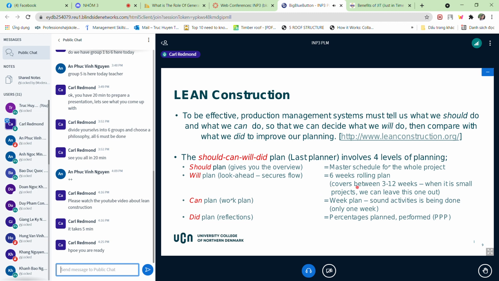It follows the will plan, and afterwards we have the did reflections. What did we actually do? How many percent did we actually plan? How did we perform? And that's a reflection, so we can also see what we can change to make our production line better.